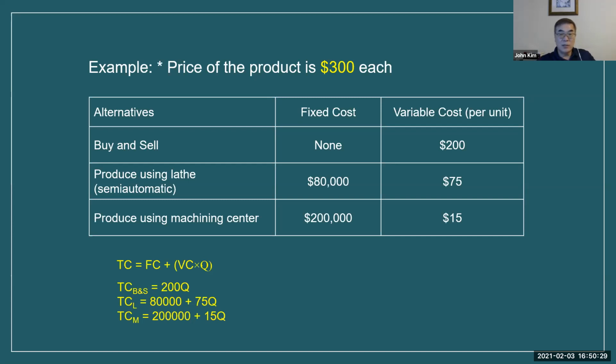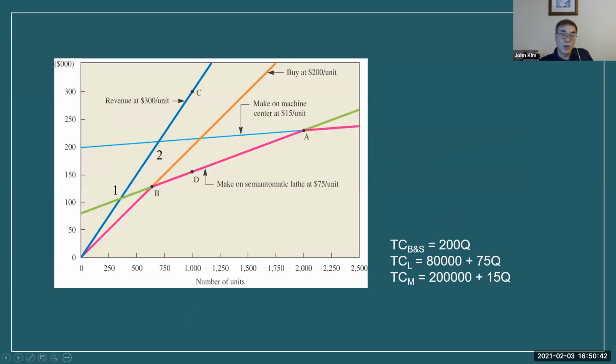So using these equations, we can draw the total cost graph like this. First option, buy and sell. There is no fixed cost, so it starts from 0.